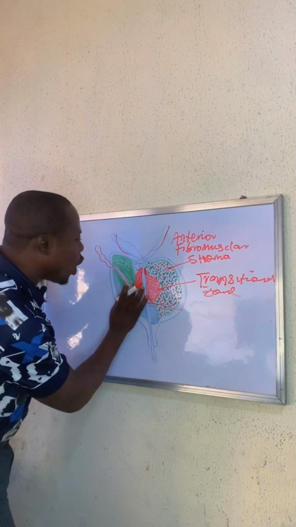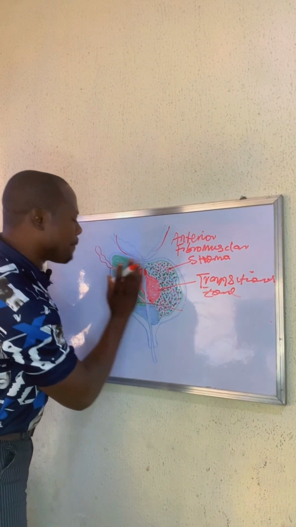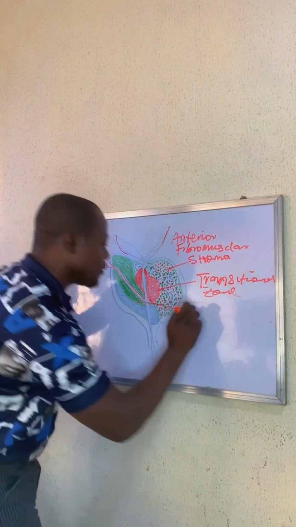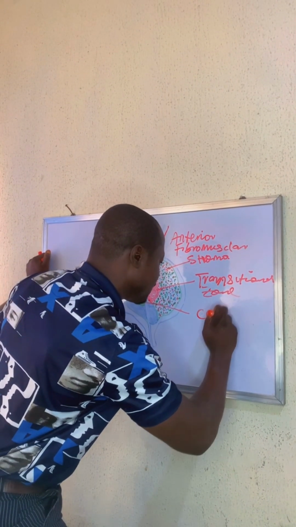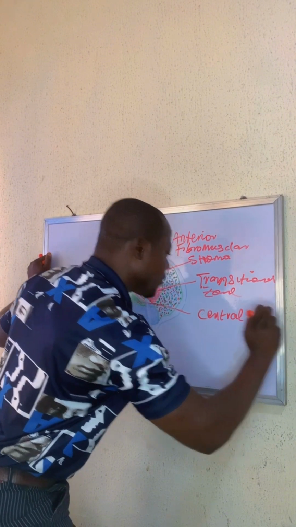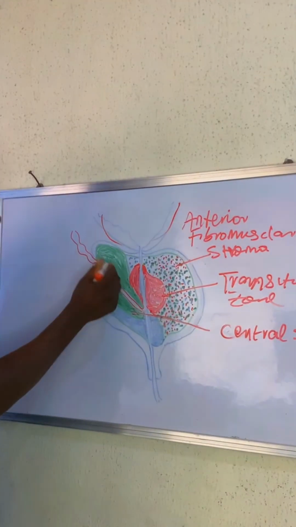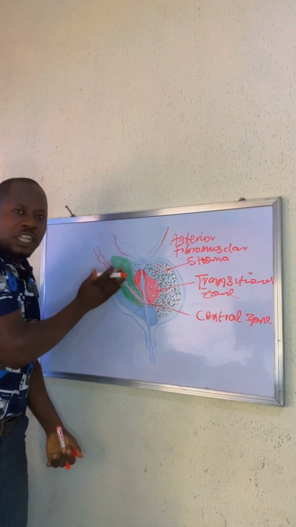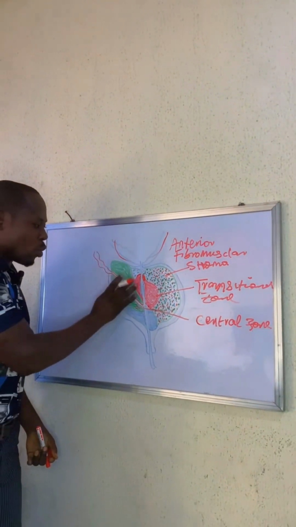The third zone of our prostate gland is called the central zone. This central zone you are seeing here, this green, is surrounded by the ejaculatory ducts.